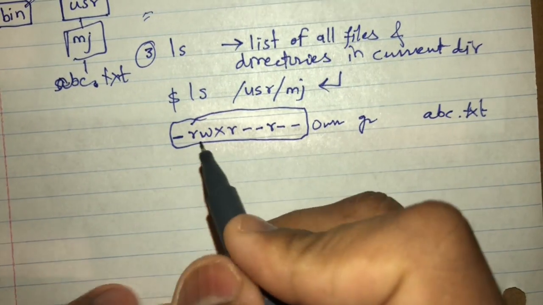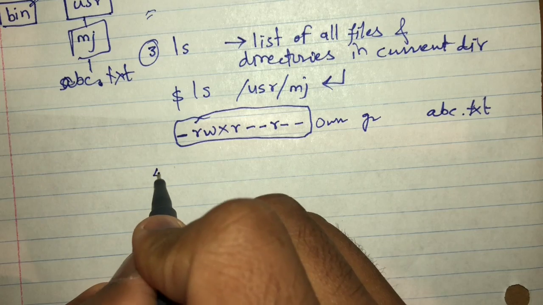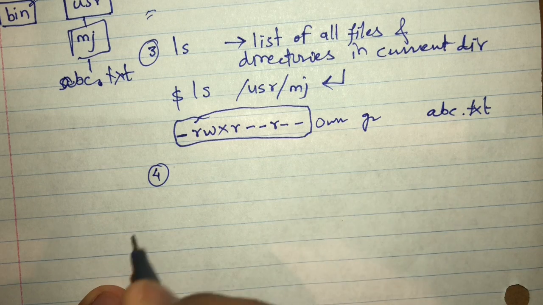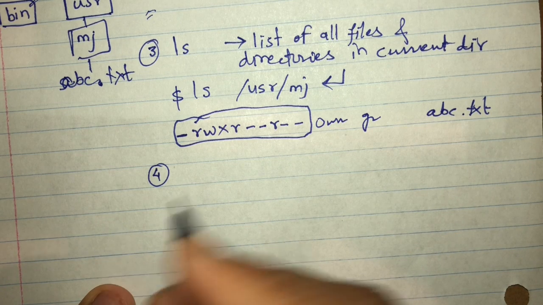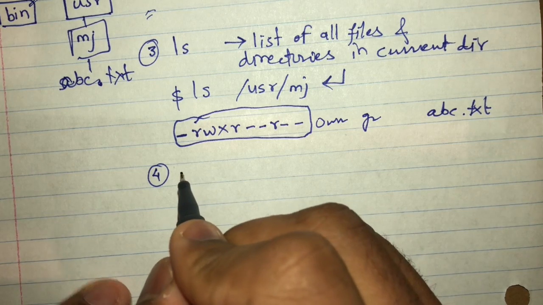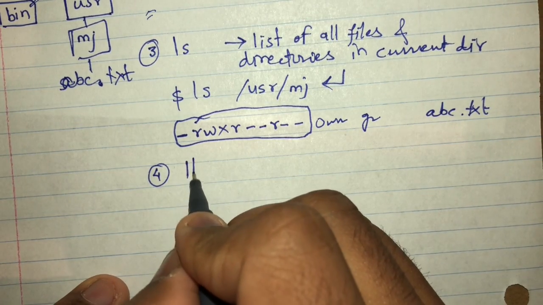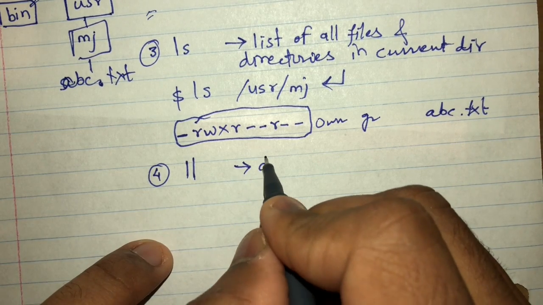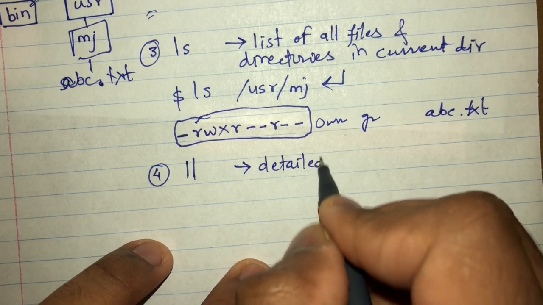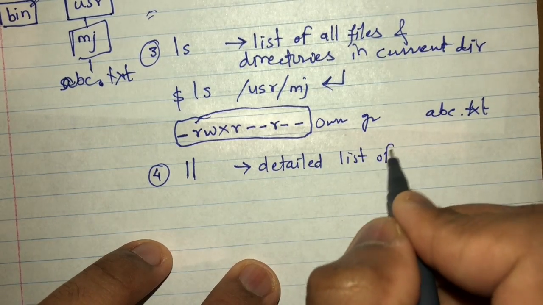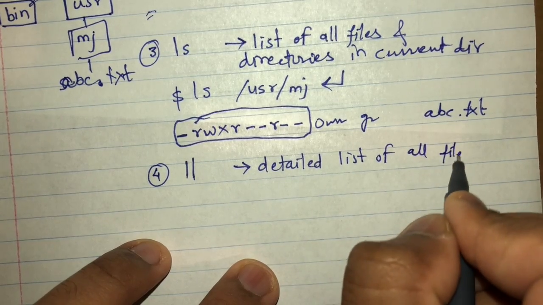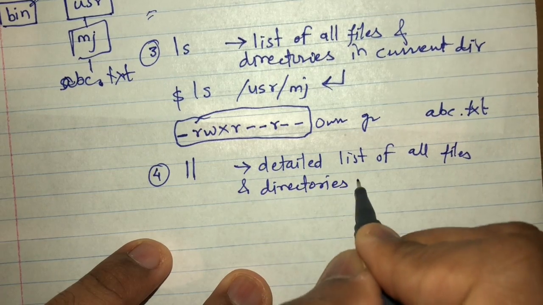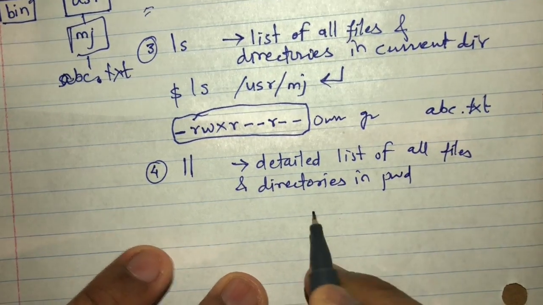Now there are other variations also of ls command. One of those, and this will be our last command of the video, and I'll continue giving you other commands in the next videos. So there are other variations, which is ll. ll is one of the variations in ls, which gives you a detailed list of all files and directories in present directory, right?